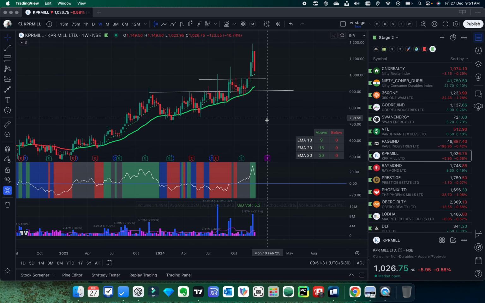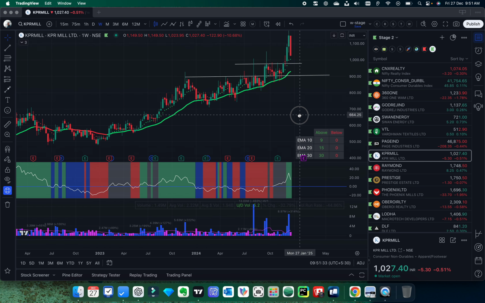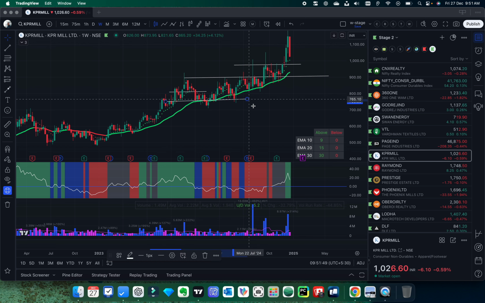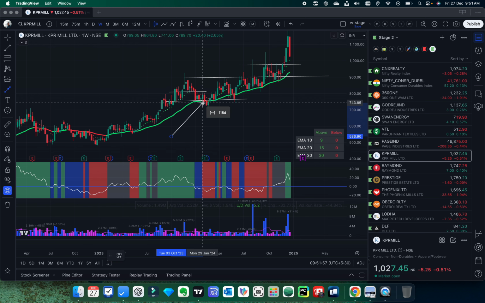Let us see the next stock, KPR Mill. Again here basing, breakout, higher highs, and then here this breakout is violated. Ideally, on this candle it started moving flat.